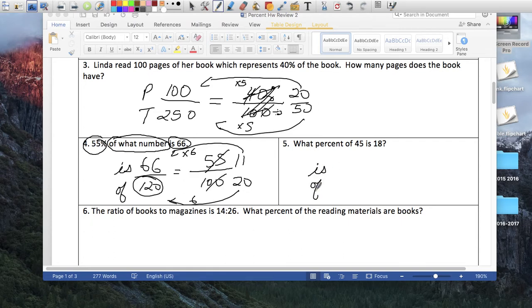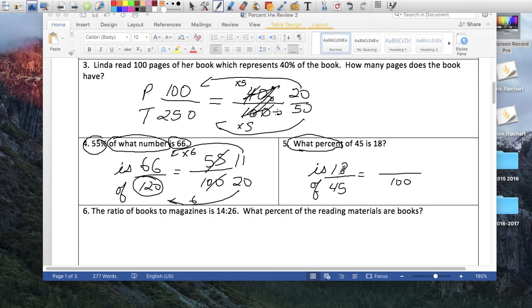Is, of again: what percent? So that's the question, and that's going to be empty over here. Of 45 here, is 18 on top here, 100. Up and down: 18 times anything is 45? No relationship. 45 to 100, side to side? No. Let's reduce this.